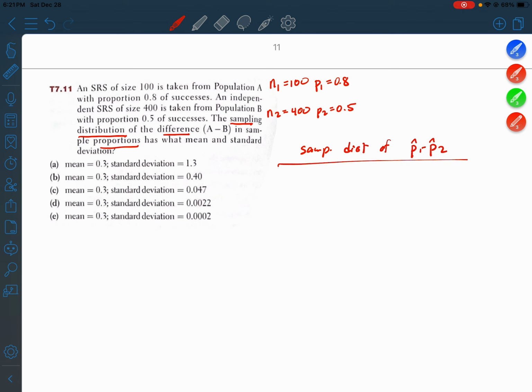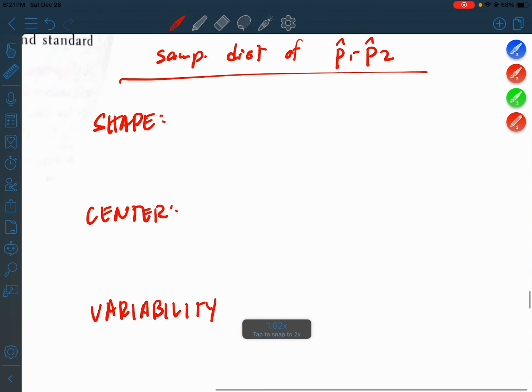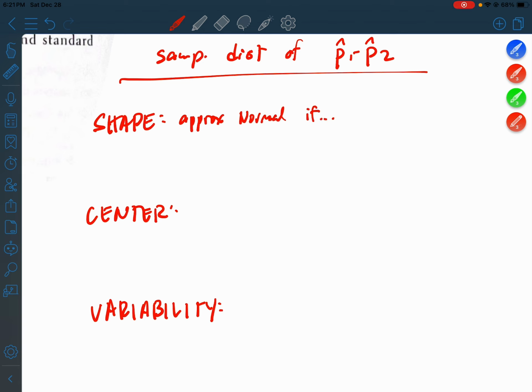We can say something about its shape, its center, and its variability. Here's what's true about its shape. The shape will be approximately normal if the following things are true.